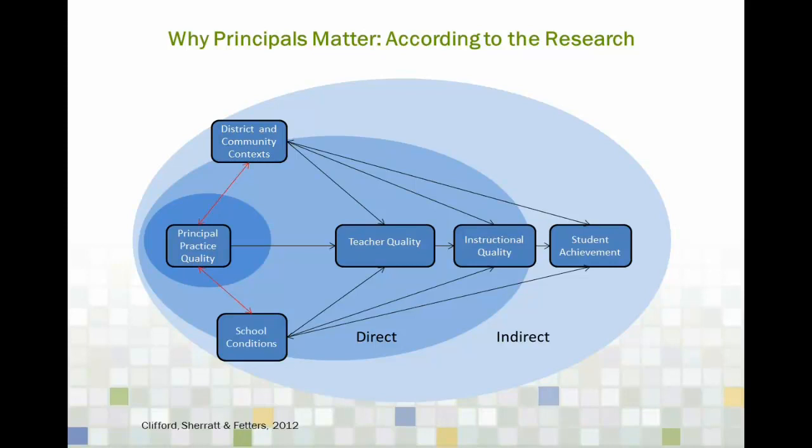The issue with that, of course, is that principals work through many other people in order to create conditions for student achievement to increase. So the ripple effect attempts to really describe the direct influence and the indirect influence that principals have on student learning.